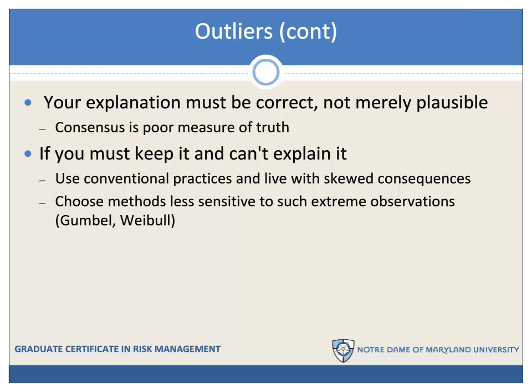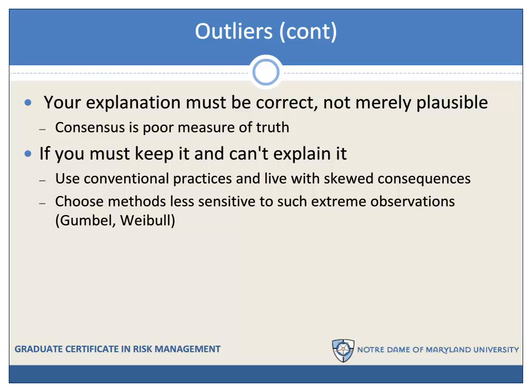If you have to keep the outlier and you can't explain it, then you can use conventional practices, which is largely what we're describing in these videos, and just live with skewed consequences. Or there are some distributions that are not as sensitive to these extreme observations.